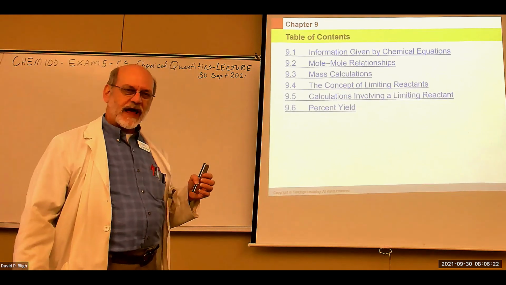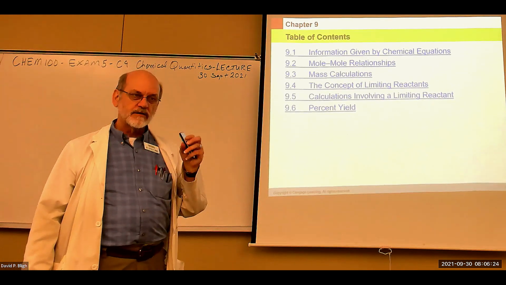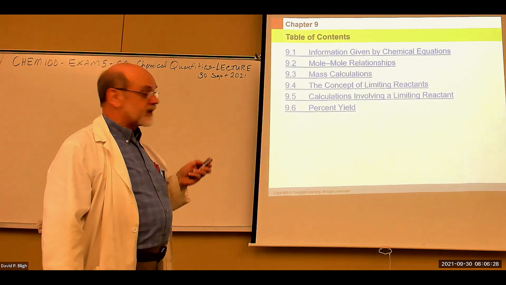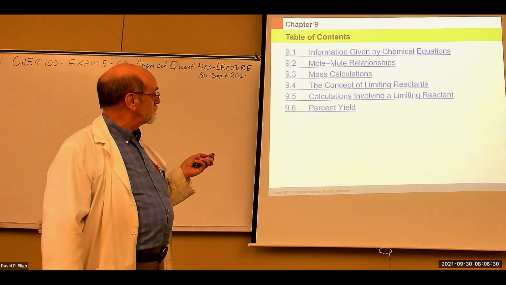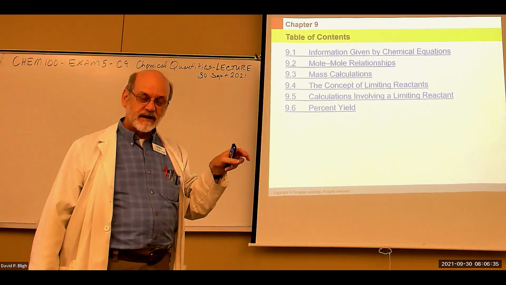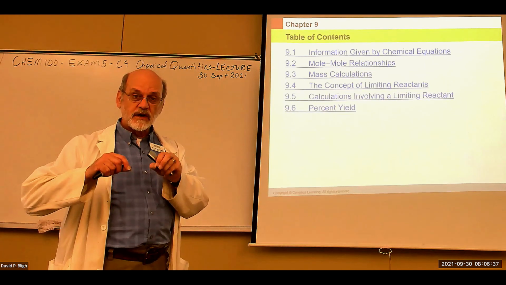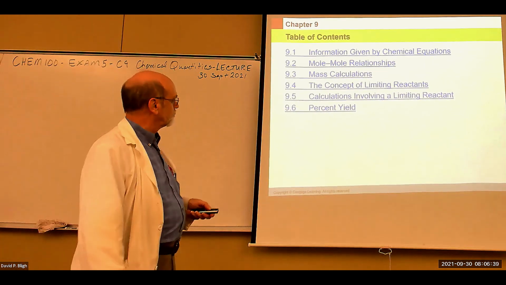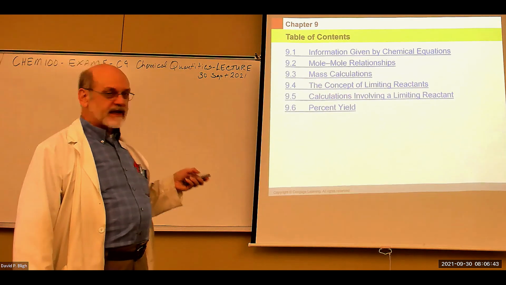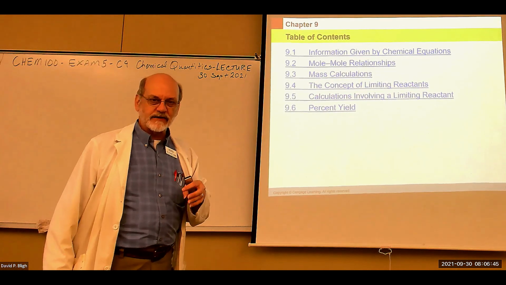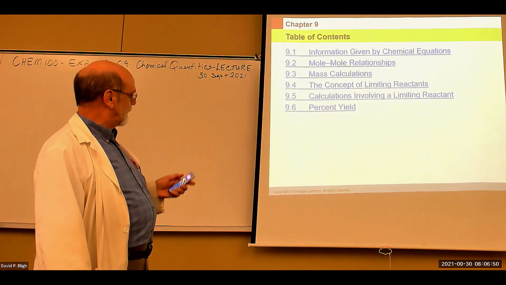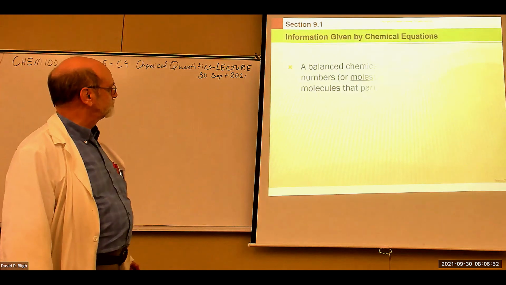But once we learn how to use our balanced equation to follow the progress of a reaction, we'll also use that information to calculate the mass of the reactants that go in and the mass of the individual products that come out. And that includes also investigating the concept of limiting reactants, which I'll talk about more later. Okay, so let's move on.